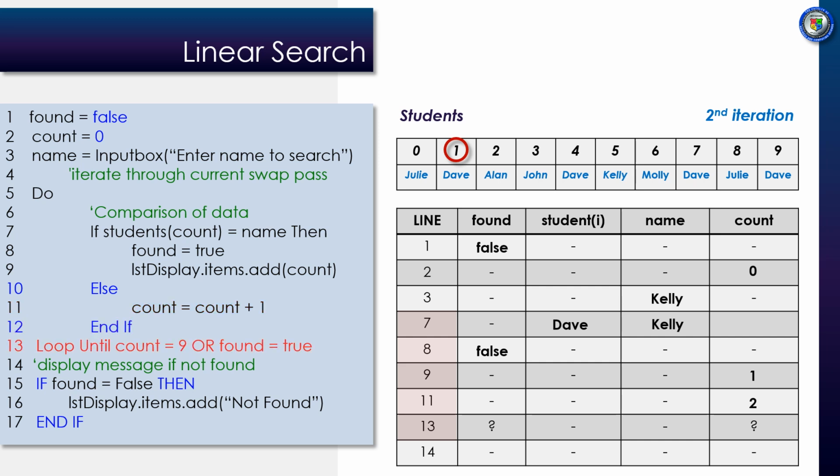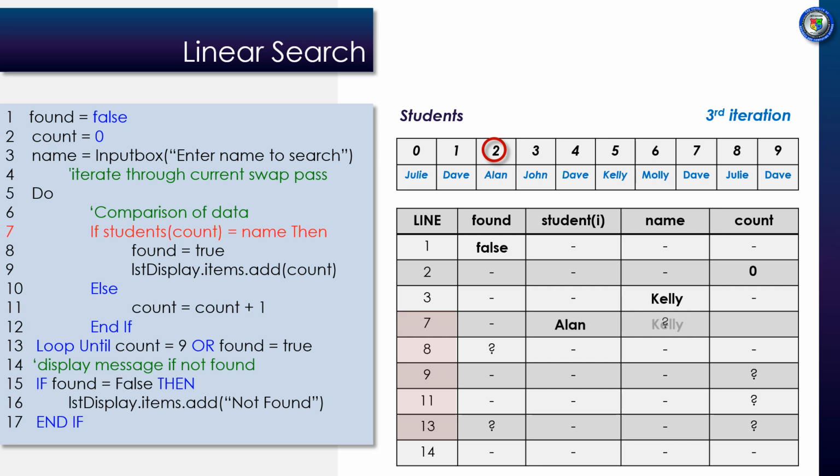At line 13 we see that count will be 2 and found is still false. Again, on this occasion, count is incremented to 2.